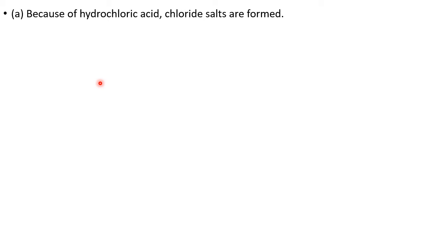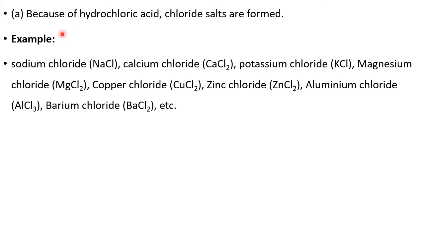Now here, if I use hydrochloric acid, then they are called what? Chlorides. Example: sodium chloride, calcium chloride, potassium chloride, magnesium chloride, copper chloride, zinc chloride, aluminum chloride, barium chloride, etc. All these chlorides are formed by the action of hydrochloric acid on different bases.